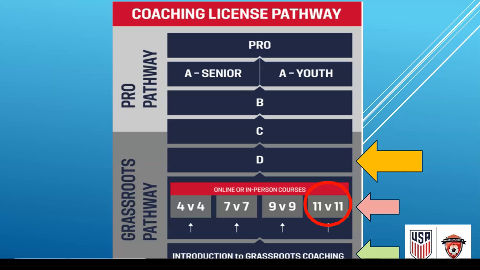So to recap, in order to be eligible for the D-License, 1 online grassroots course, or the F-License, plus 2 in-person courses, one of which must be the 11 versus 11 in-person course, or you have already completed your E-License.